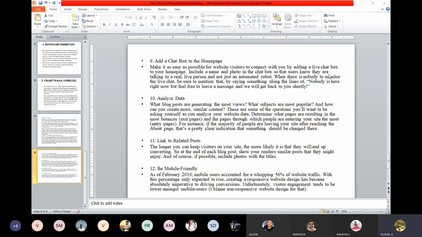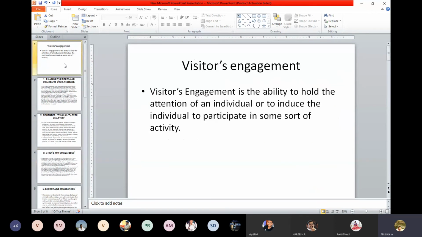The main part is that visitor engagement plays a very important role, because it is not about how many visitors came, but how many visitors got engaged in your website. At one point the visitor will change their mind, as you saw in the marketing funnel. What was the last one? Changing visitors into customers.